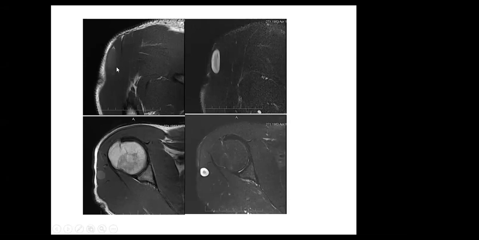Do you see another appearance that goes with nerve sheath tumor? It is a spindle shape. Yeah, so the target sign, any other finding? You see the split fat here? Yeah, this is your split fat sign.